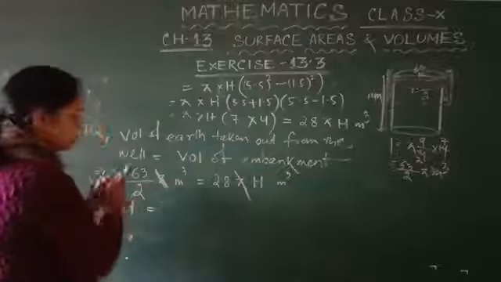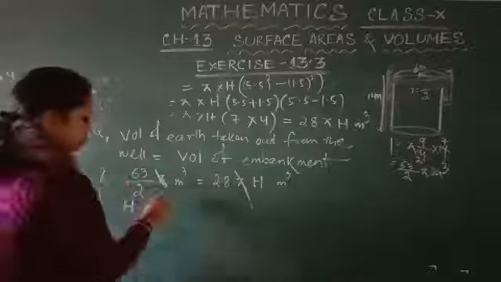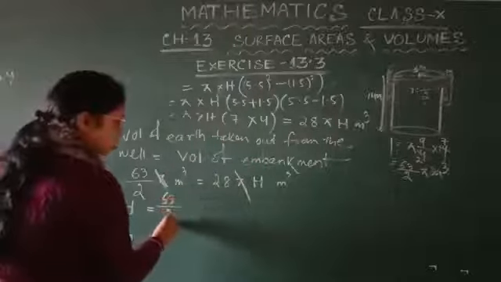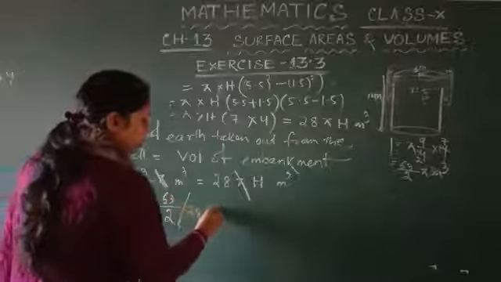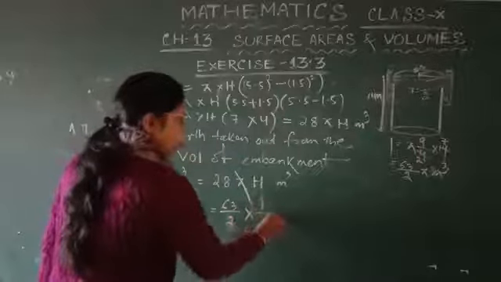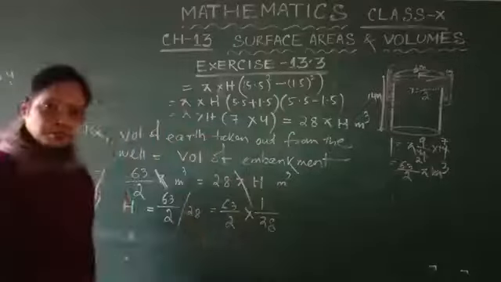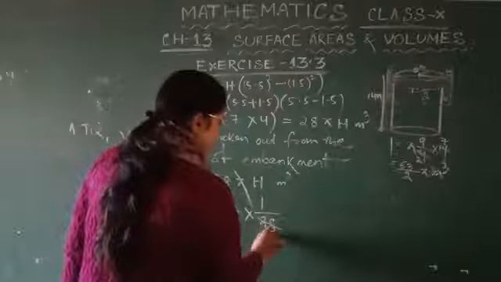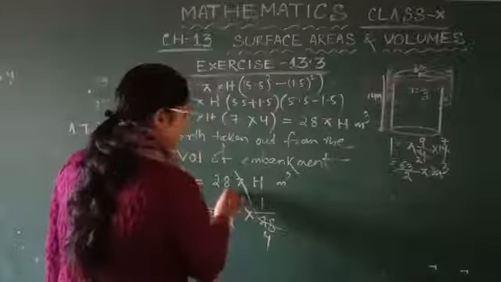So h is equal to this divided by this. That is 63 upon 2 divided by 28, that is 63 upon 2 into 1 upon 28. Okay, so then 7 fours are 28, 7 nines are 63.